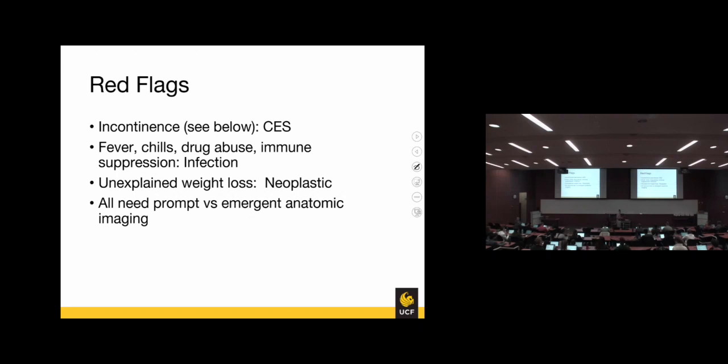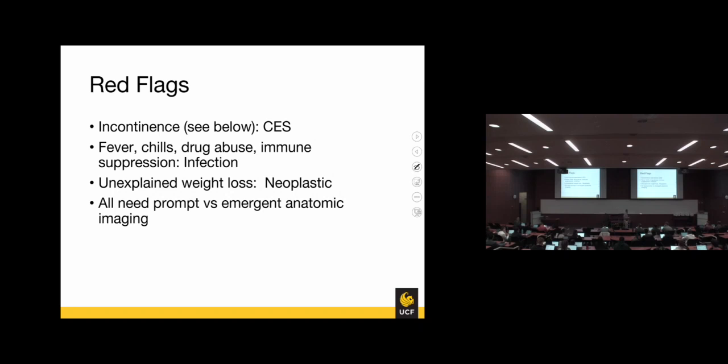The next red flag is fever and chills, okay? Some people would add a history of ongoing drug abuse and that sort of thing, or immune suppression, you know, either diabetes or chemotherapy or things like that, because those can lead to the chance of a lumbar infection that, if you're not thinking about it and asking those questions, you might miss. And you also want to get acting on an infection fairly promptly, I think we all agree. Unexplained weight loss, you're thinking about neoplastic problems.